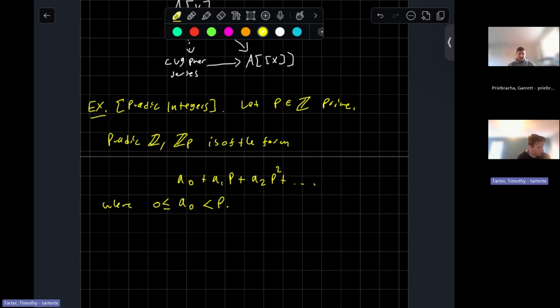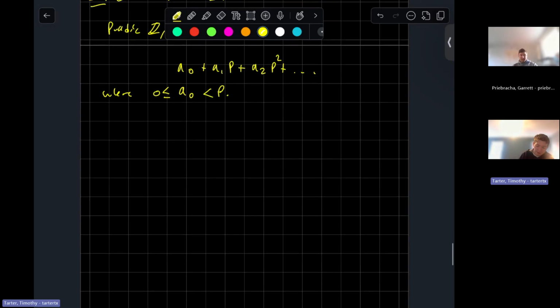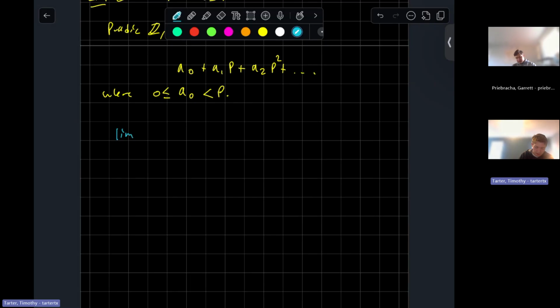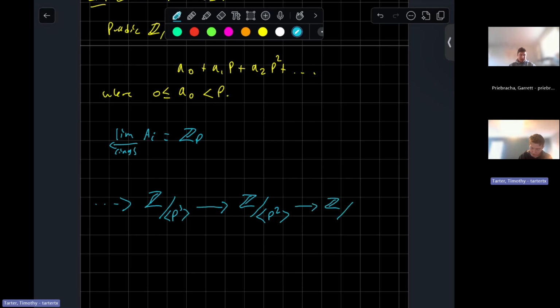They are a limit in the category of rings, so the limit over rings of A_i is equal to Z_p, because we have Z quotient the ideal generated by p cubed, into Z quotient the ideal generated by p squared, into Z quotient the ideal generated by p.